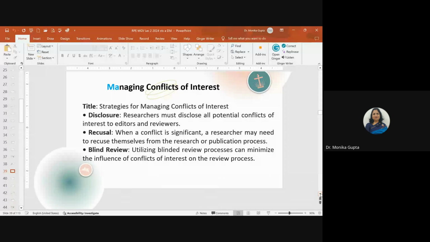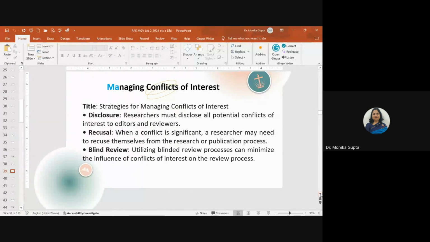So, how can we manage conflicts of interest? Several strategies can be employed, such as disclosure, which allows editors and reviewers to assess the potential for bias. In case of significant conflicts, researchers may need to step aside from the research or publication process.